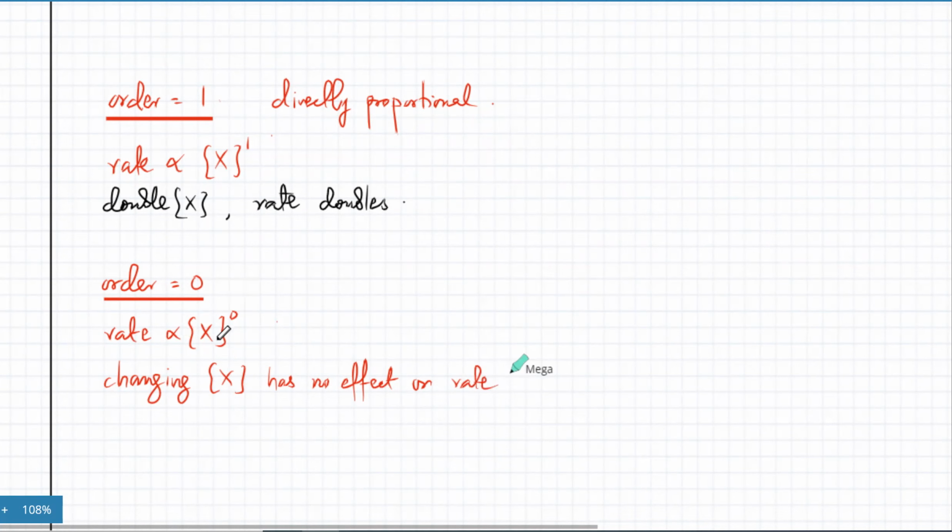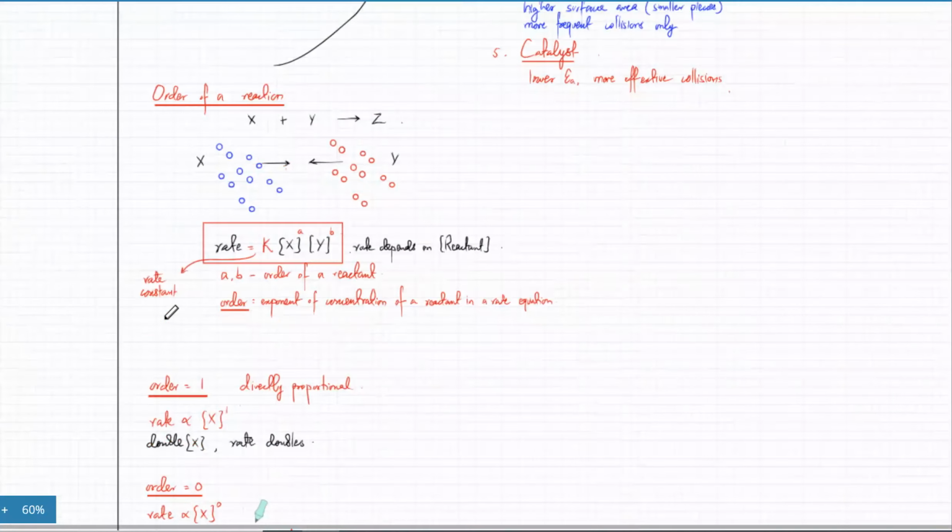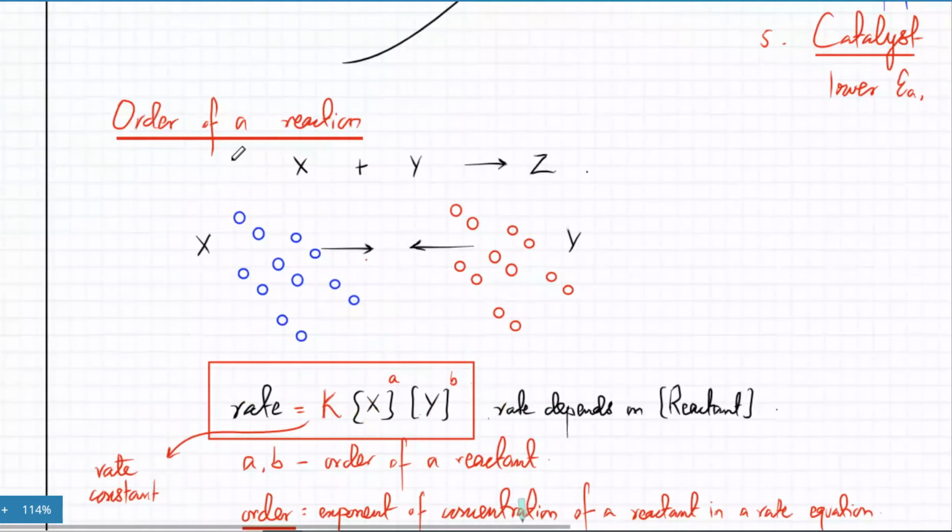If it's 2 mole per dm cube to the power 0, that's still 1. If you increase it 5 times to 10 mole per dm cube and the power is 0, that's still 1. So the rate would remain unaffected. Sometimes you keep changing the concentration of X, but the speed of reaction remains unchanged.